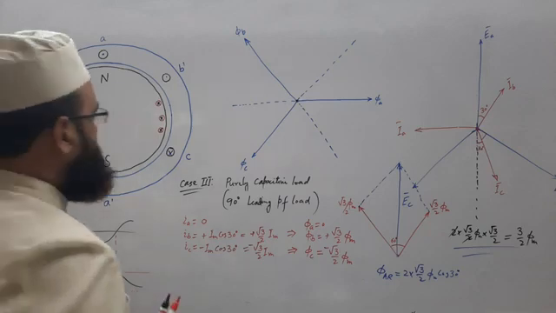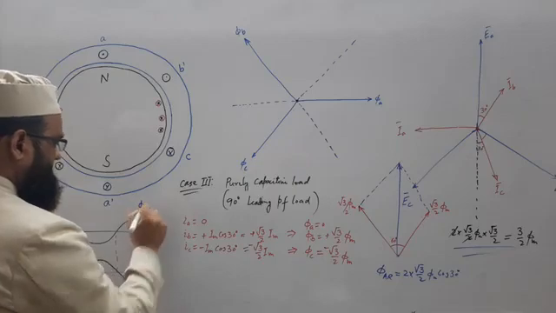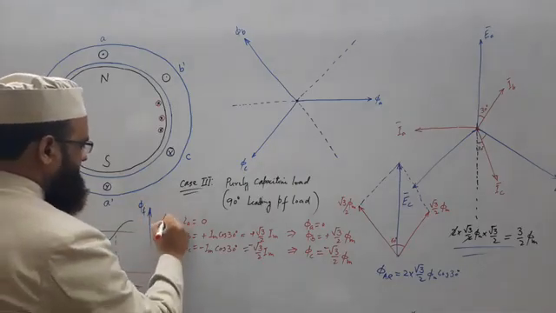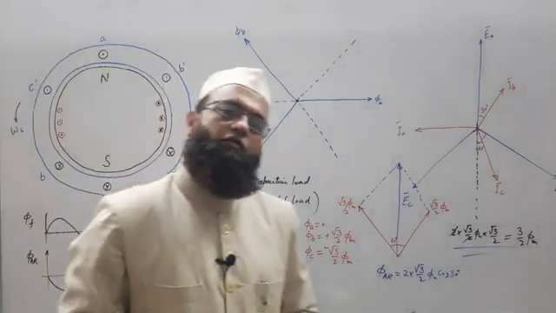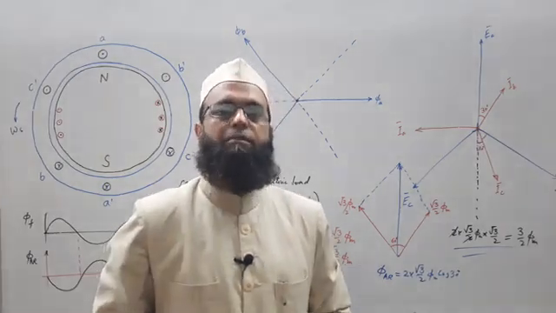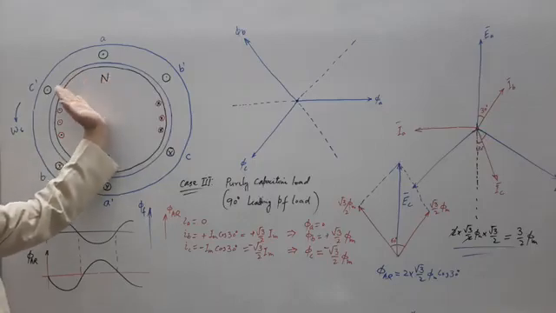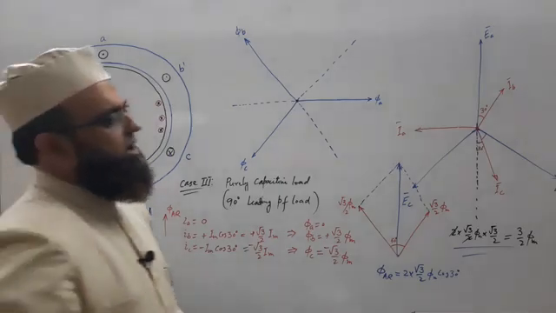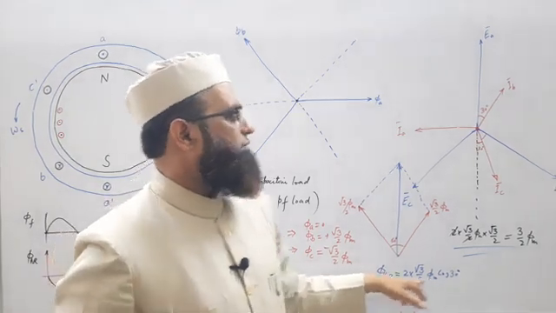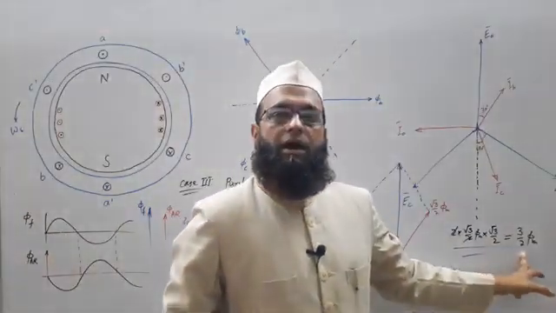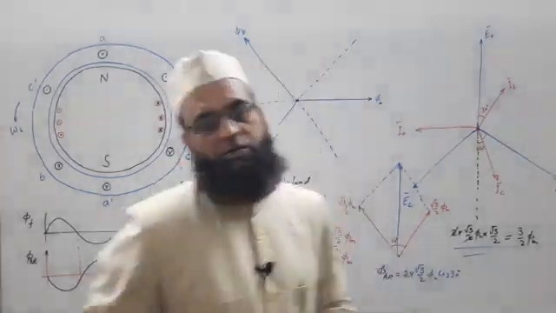So what you can observe, phi f is along this vertical and phi AR is also along the direction of the main field flux. It's good, it's helping. You can take other cases also, 30 degree, 45, 60 and so on. You will see in each case the resultant of armature flux, that is phi AR, has a magnitude of 3 by 2 phi m, and the alignment is the same as that of the main field flux.